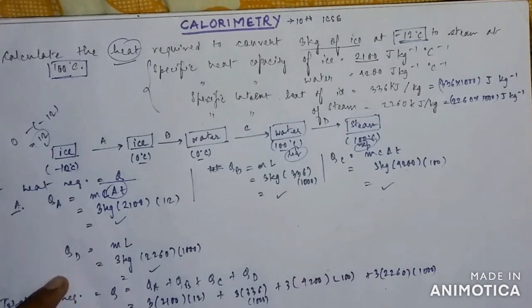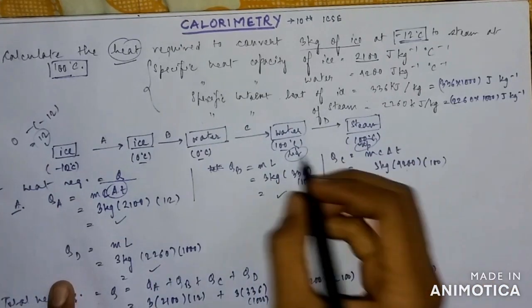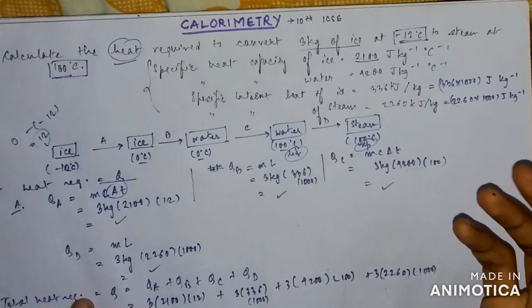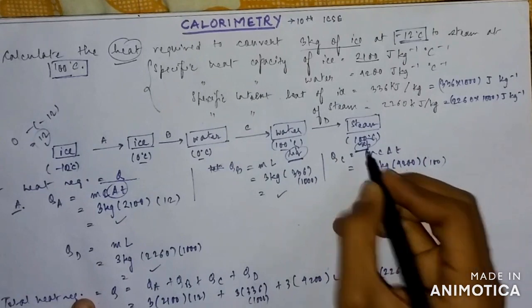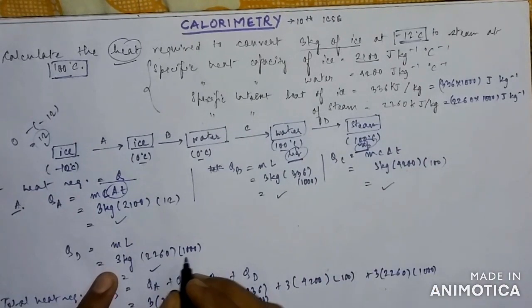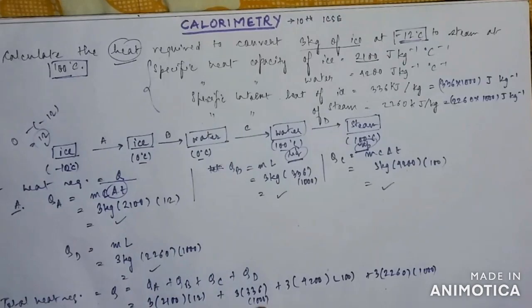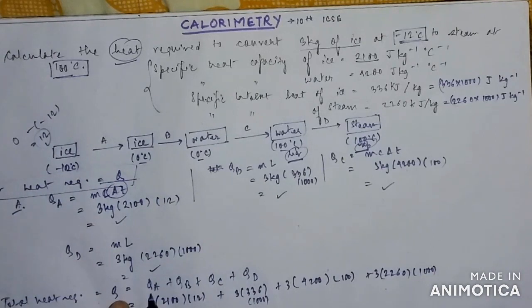Next we come to part QD. QD will once again be mL, because here water is being converted to steam, both at 100 degrees centigrade. That means change of phase is taking place, liquid state to vapor state. So mL is 3 kg into 2260 into 1000. Now the total heat required, Q, will be equal to QA plus QB plus QC plus QD.